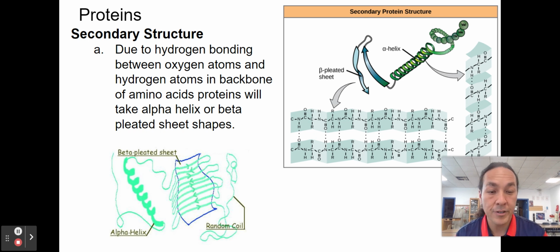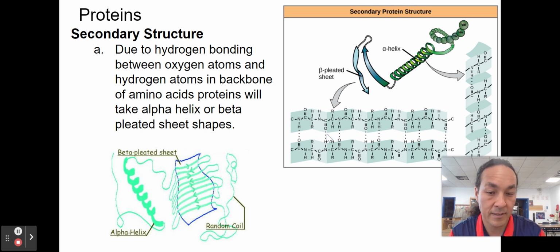Remember that a hydrogen bond is between a positive hydrogen, because that hydrogen is bonded to a more electronegative element. Here is an H that's bonded to an N. The N, or the nitrogen, has more protons, and it will hog the electrons more often, making this H positive. This positive H is attracted to negative elements.